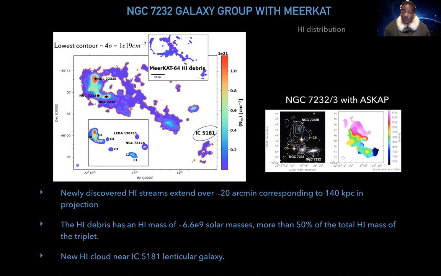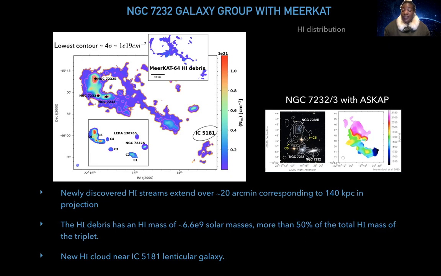Still on the H1 distribution, the figure on my left is the column density map of the galaxy triplet and its surrounding environment. The three galaxies are labeled. On the bottom panel, I show the ASKAP detections, and the top panel represents the newly detected H1 debris.